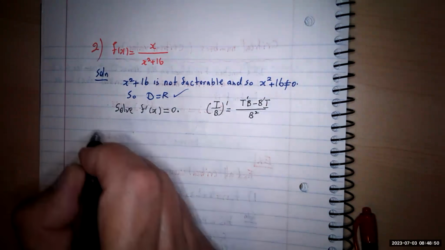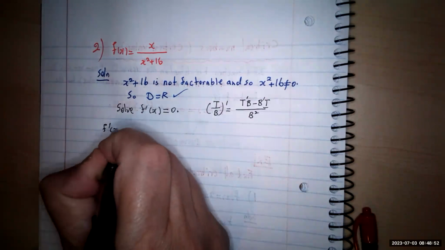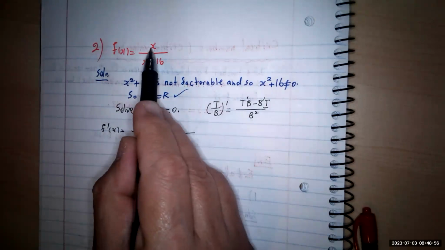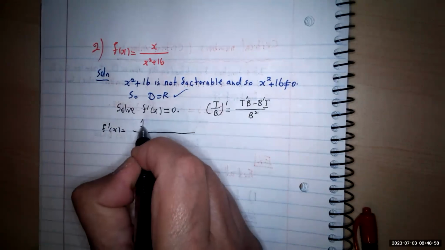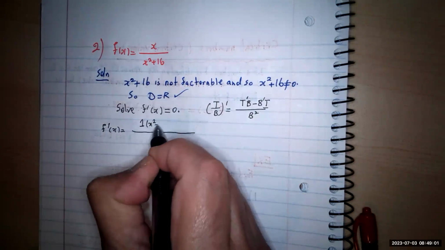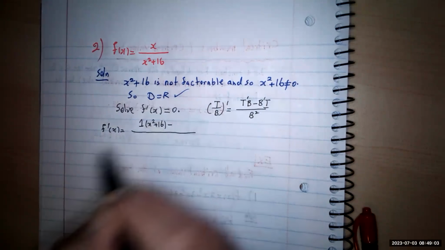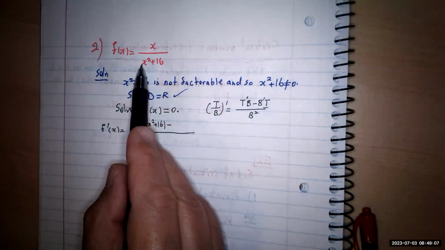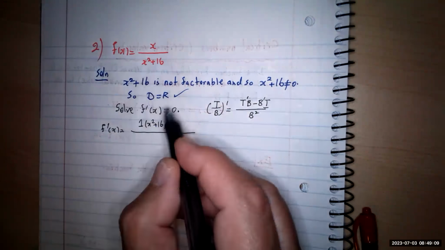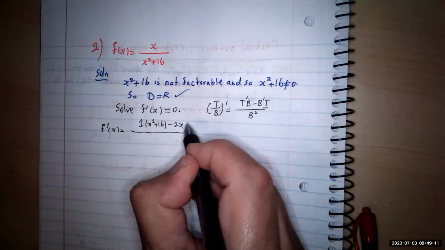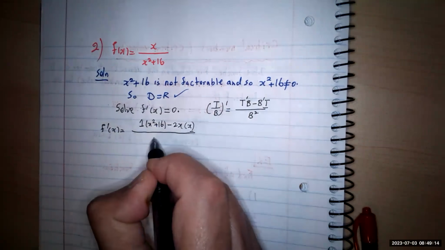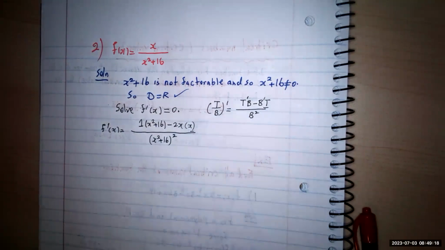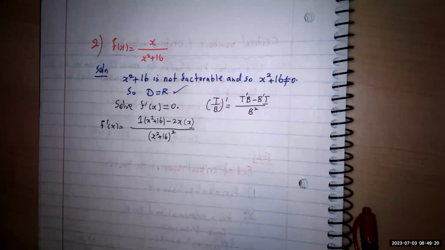Okay, are you ready? F prime of x equal to derivative of the top, derivative of x is 1, times x squared plus 16, minus derivative of the bottom, derivative of x squared is 2x, derivative of 16 is 0, so minus 2x times the top, divided by the bottom squared, x squared plus 16, all squared. Stay on the top and simplify.